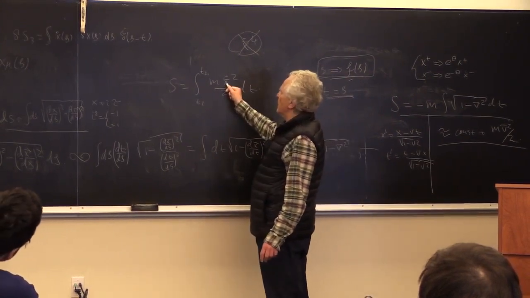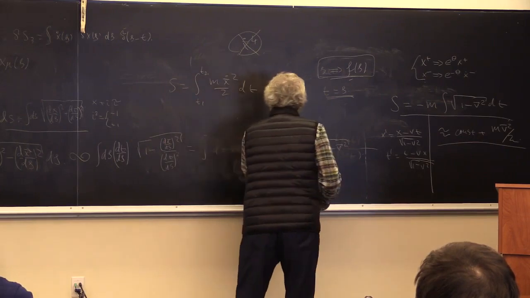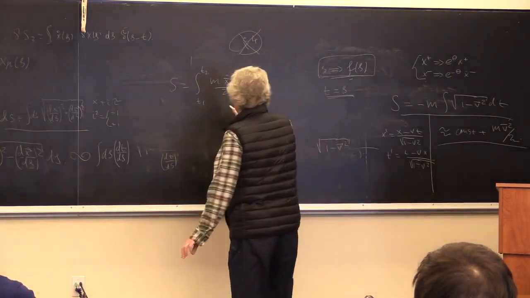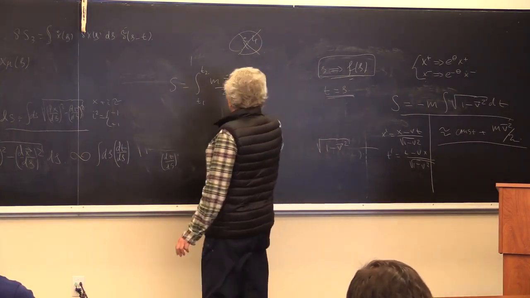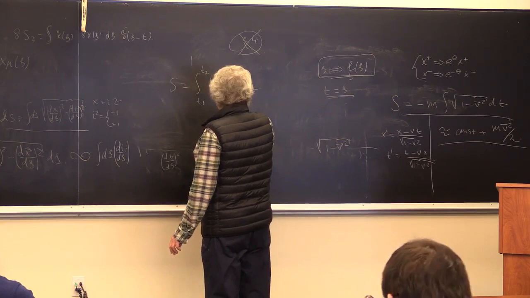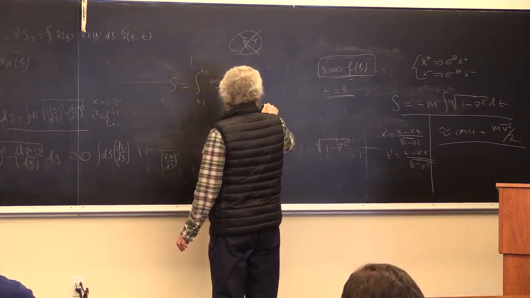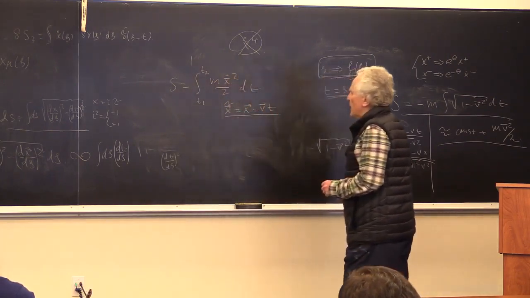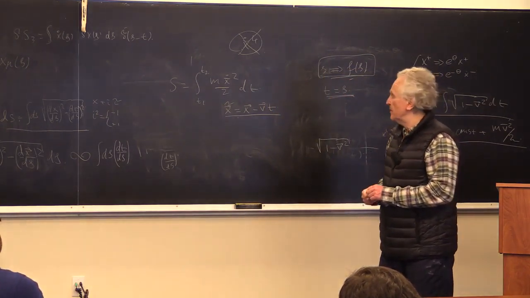So it's obviously invariant under rotations, right? And under translations. What you need is the symmetry under Galilean transformations. So let's take this and see what happens with the action under a Galilean transformation.